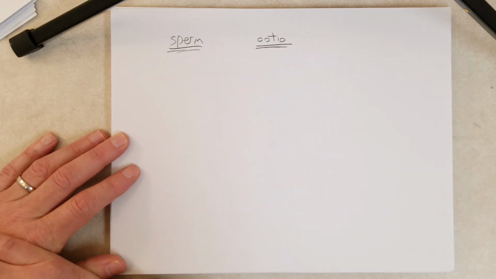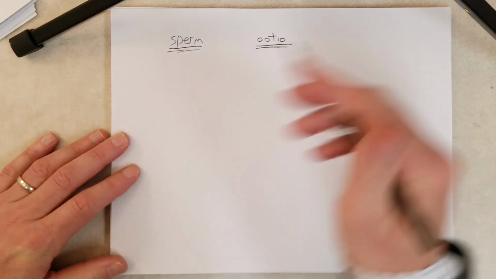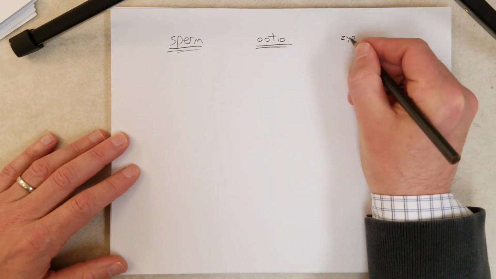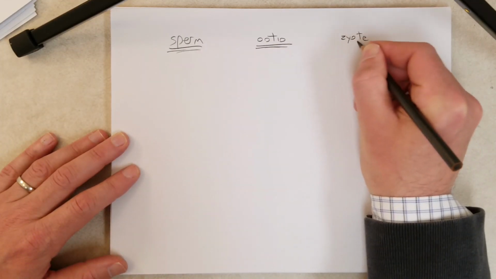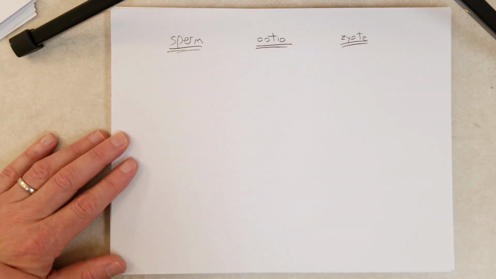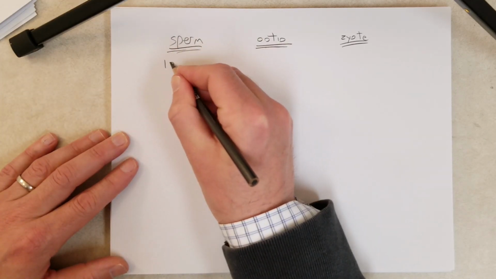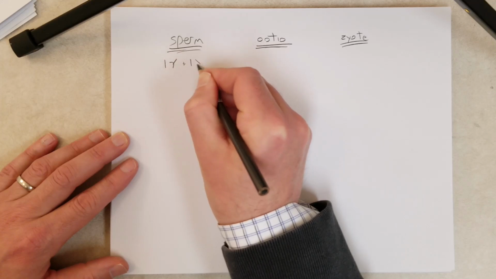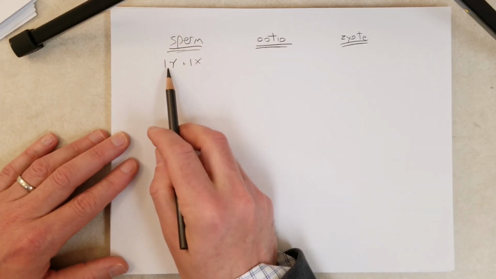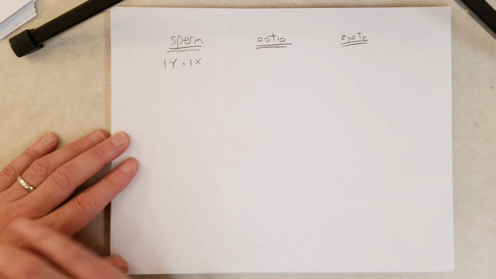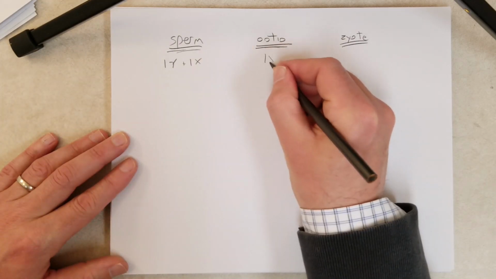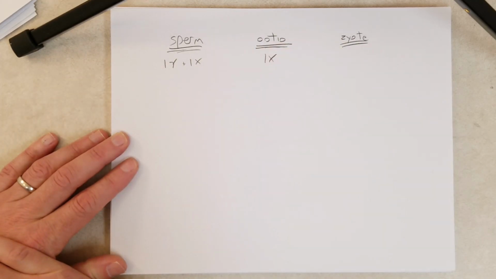That's not really important for the main point we're trying to get across in this video, which is different combinations of sex chromosomes and the effects they have on human phenotype. Let's say we had a sperm with one Y and one X. Normally the sperm is going to be either a single Y or a single X, not both. Let's say the ootid was normal. There's one X chromosome there.